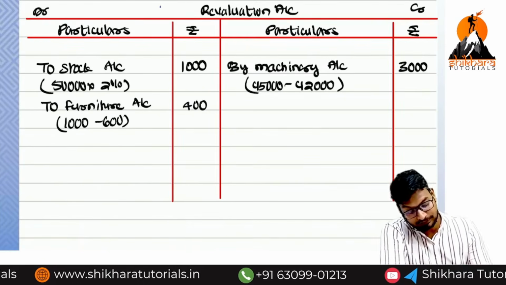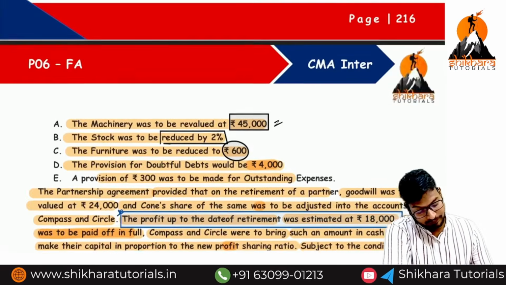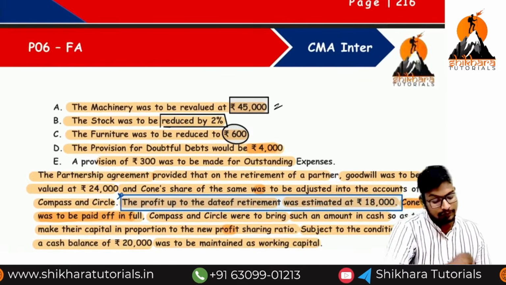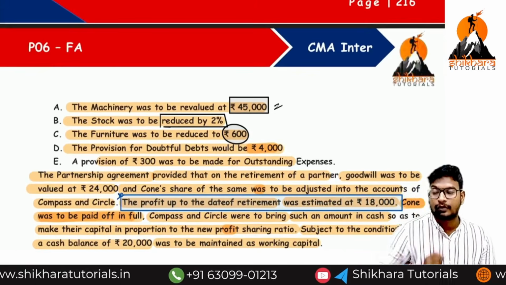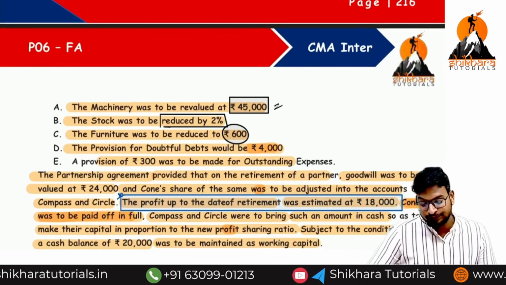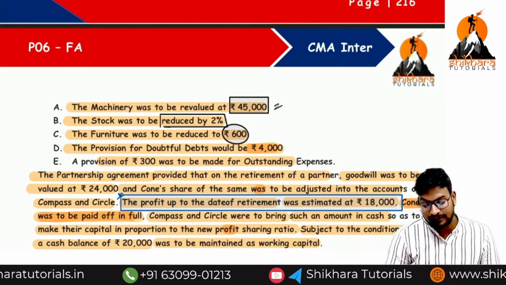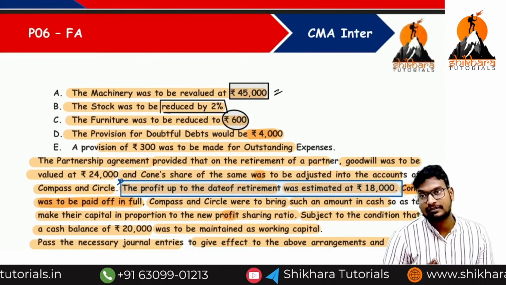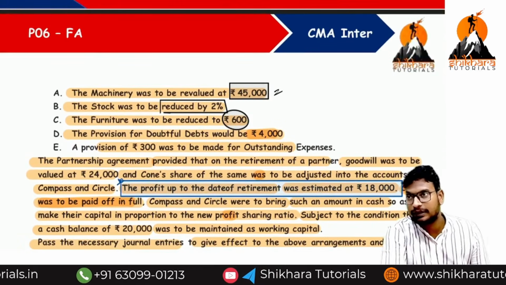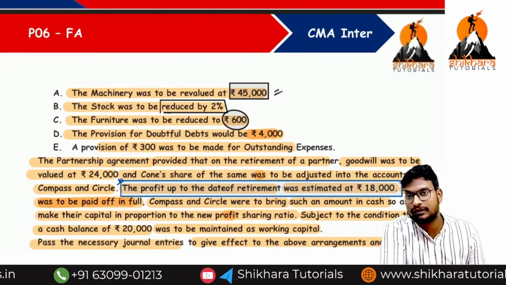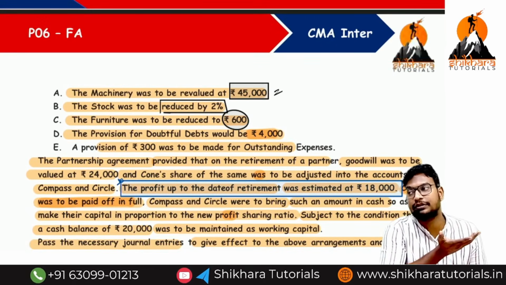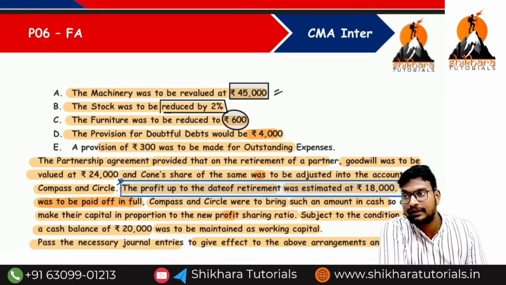What is the next point, amma? Provision for doubtful debts should be how much, amma? 4,000. So how much provision are we already having? 3,000. So what is the extra provision? 1,000. Are you getting the point or not? Already we are having 3,000. How much extra provision do we need to create? 1,000. So what is the entry?